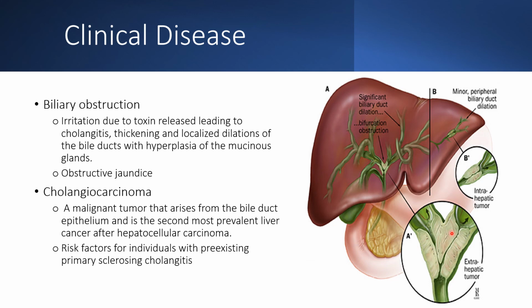There is a risk factor for individuals with pre-existing primary sclerosing cholangitis. The cholangitis caused by Clonorchis sinensis infection contributes even more, so the formation of a malignant tumor causing cholangiocarcinoma is accelerated.